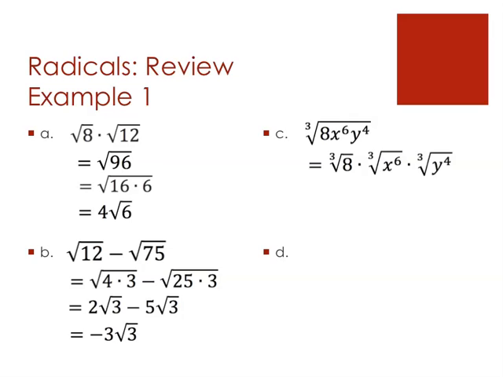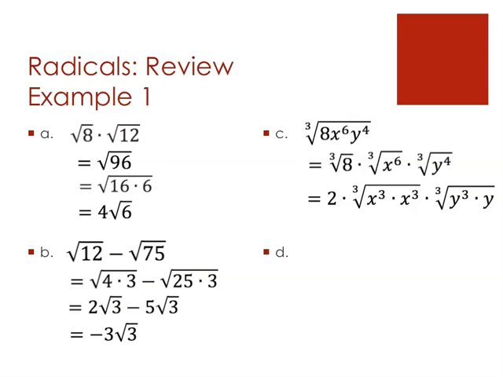Now, for the x to the 6th, I can break this down into perfect cubes. If we broke this down into perfect cubes, I would have x cubed times x cubed. And then we can do the same thing with y to the 4th. We can write it as y cubed times y.